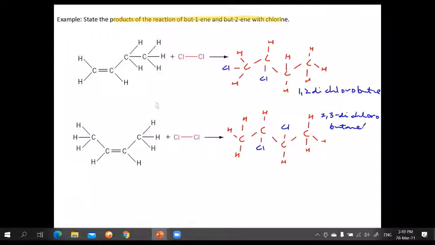The only difference from the first one is that this time the location of these two chlorines is different. It's not number 1 and 2, but now number 2 and 3. So the chlorines will be on positions 2 and 3. Basically, this is like an isomer of the first reaction above, though it is a different compound because now we call this 2,3-dichlorobutane.